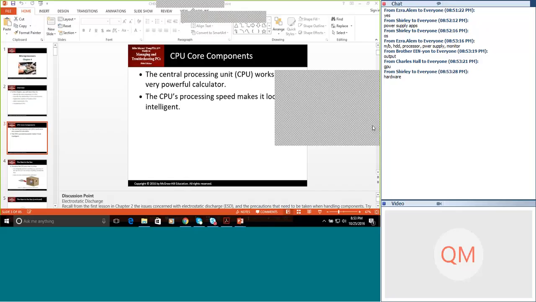So let's differentiate. Once you put all the hardware components of a computer together, they are managed by what's called the BIOS, right? The basic input-output system. So you can go into the BIOS and see everything and all the hardware and that it's all functioning properly without having an operating system. The BIOS operates outside of the operating system.